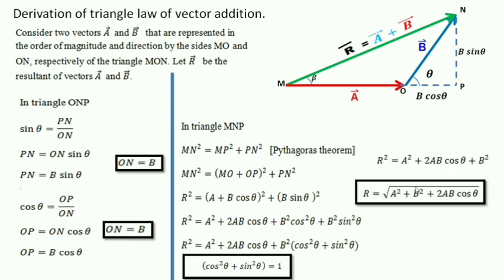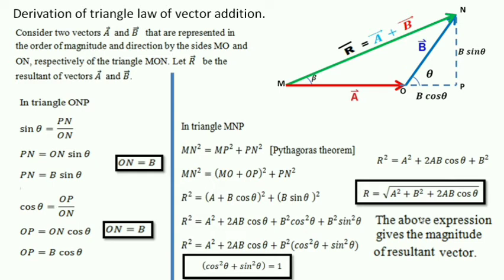Now taking the square on this side, I'm getting a square plus b square plus 2ab cos theta. So out here you can see, to find the resultant we have to consider the angle between them also. This is the expression for the magnitude of the resultant vector. Using this formula we can find the magnitude of the resultant vector.